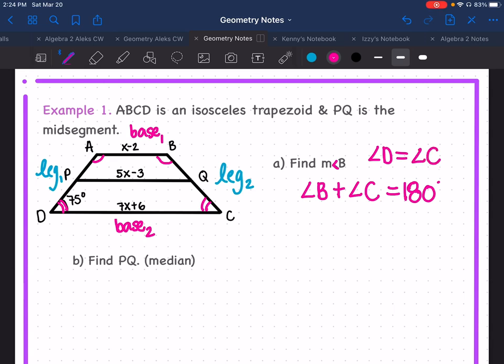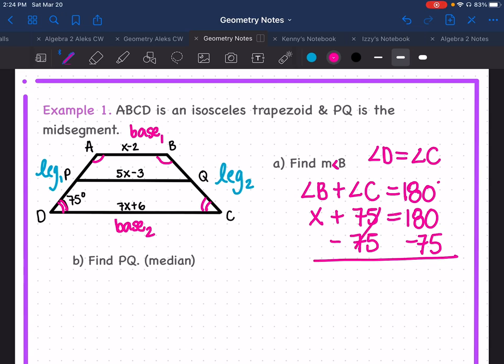So to find angle B, I could call it X. Angle C is 75, and together they need to equal 180. So all I really have to do is subtract 75 from 180, which is 105. That's it. Since X is my angle B, I'm done.